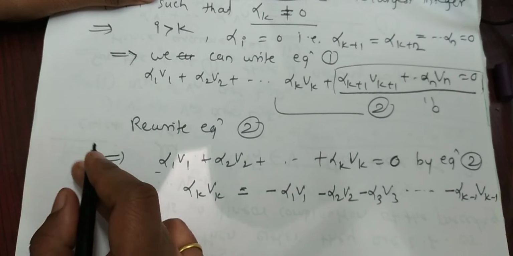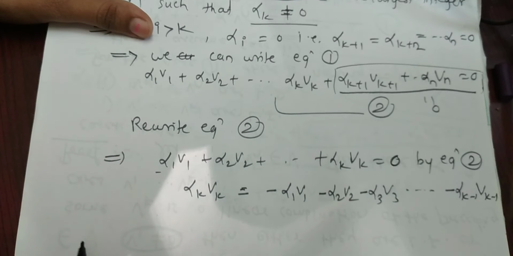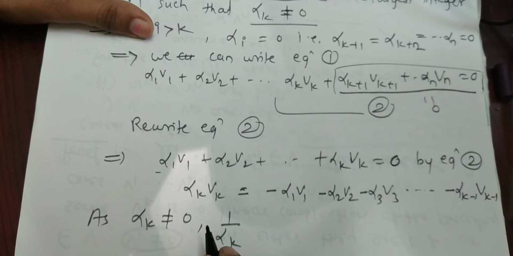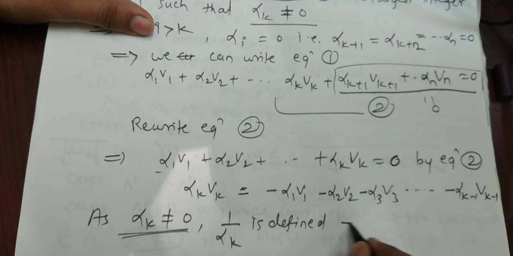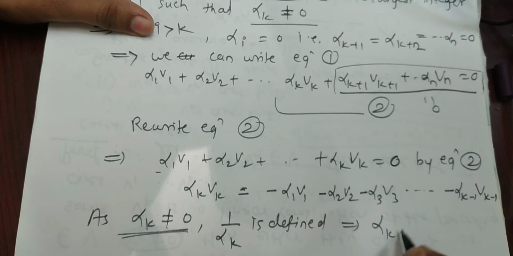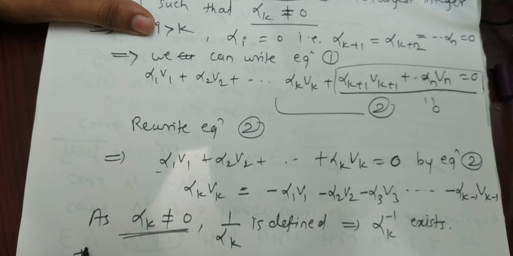Understood? Since alpha k is not equal to 0, we can define the inverse of alpha k, because in the denominator there is no 0 term. This implies alpha k inverse exists.